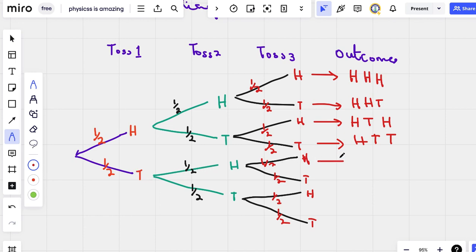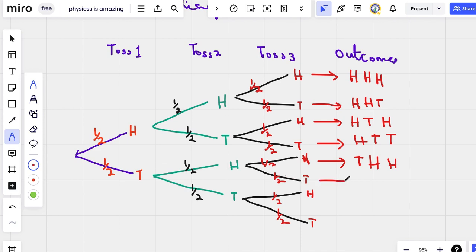So here, we have tail, head, head. Then the next one, that's for this branch, is tail, head, tail, right?